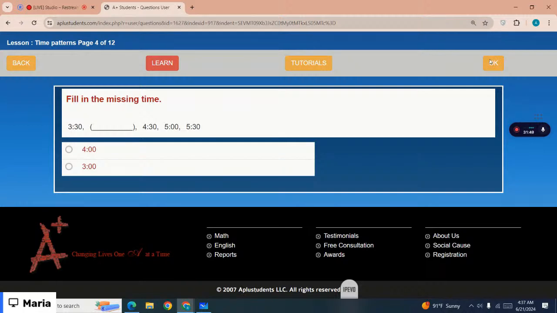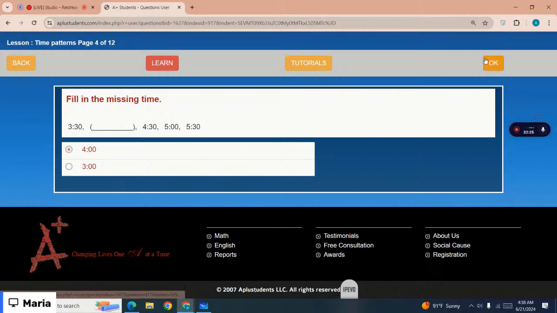Fill in the missing number. So which is the correct option? That is 4.